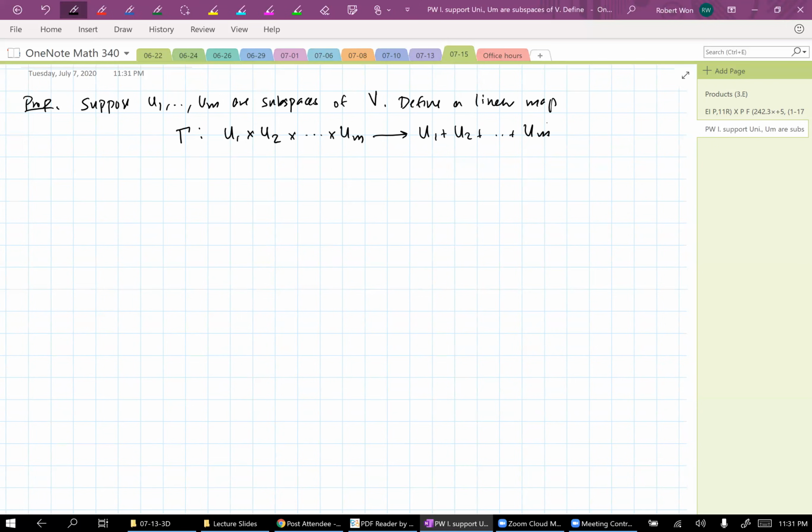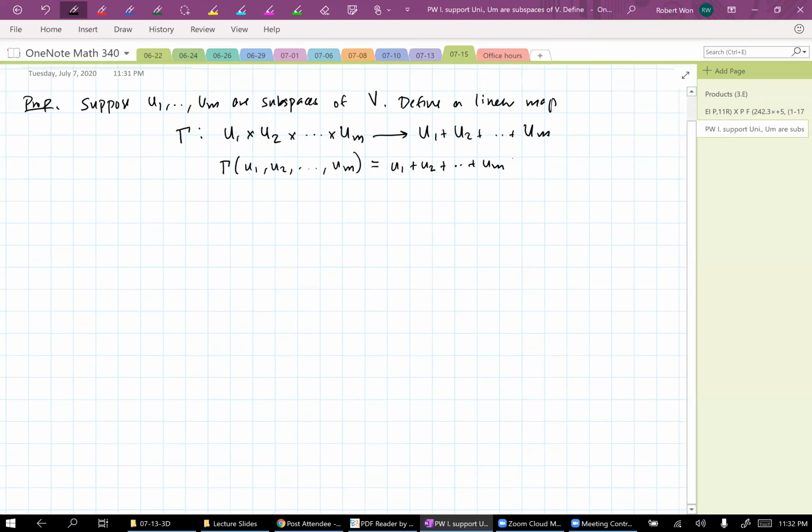How is it defined? Well, I need to tell you what gamma does to an element of the product, but an element of the product is just an m-tuple (u1, ..., um) where each ui comes from Ui. This maps to just the sum of these elements.